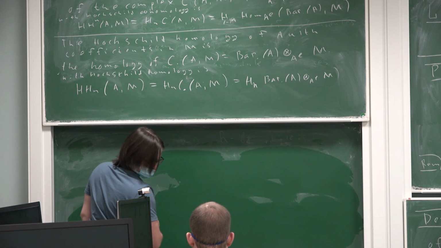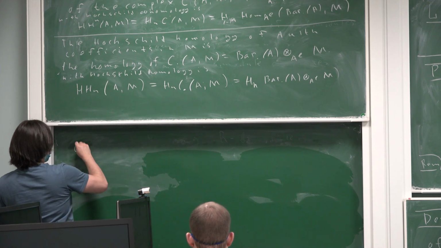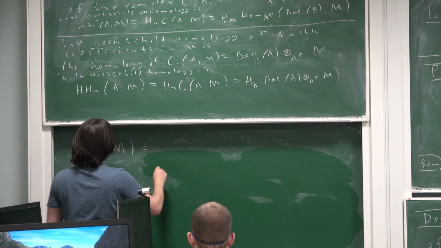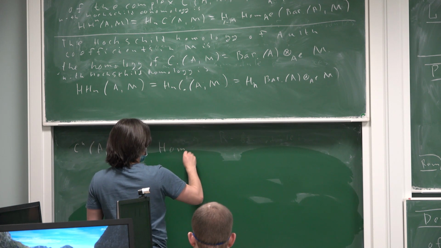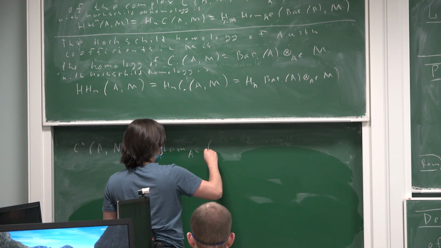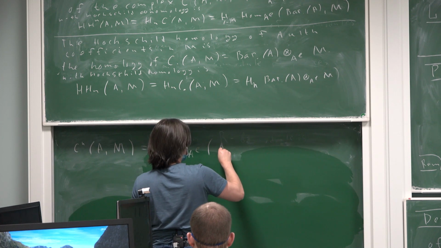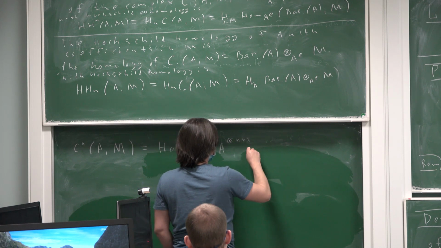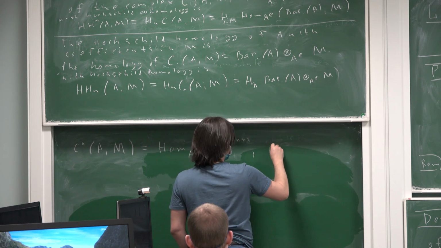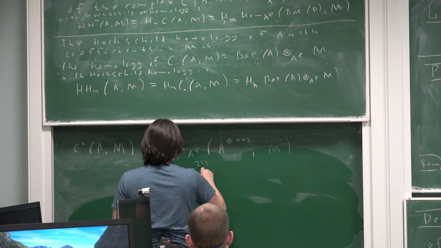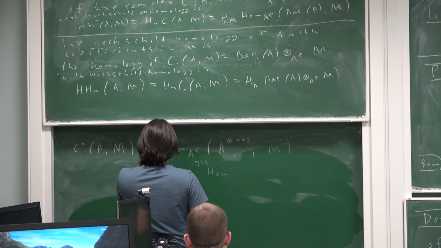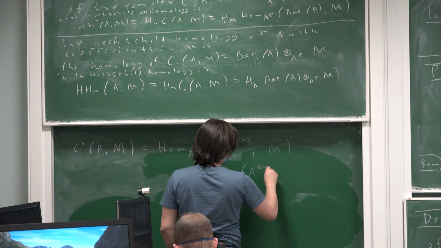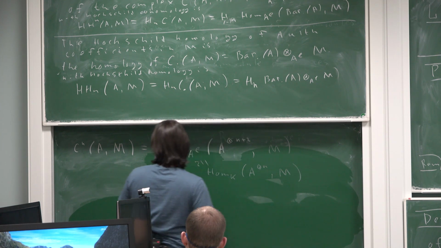Yes, so C^n of A, M is by definition Hom over A from A tensor (n plus 2) times to M, and it's isomorphic to Hom over K from A tensor n times to M.